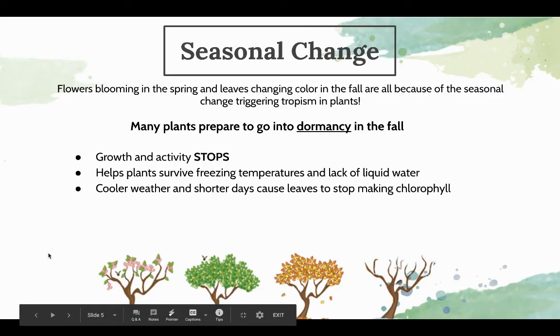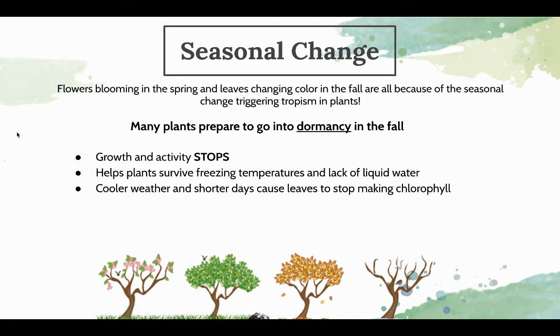Okay. So now let's talk seasonal change. So flowers blooming in the spring and leaves changing color in the fall are all because of seasonal change, triggering tropism in plants. So many plants prepare to go into dormancy in the fall. We've also talked about this during our photosynthesis lesson.